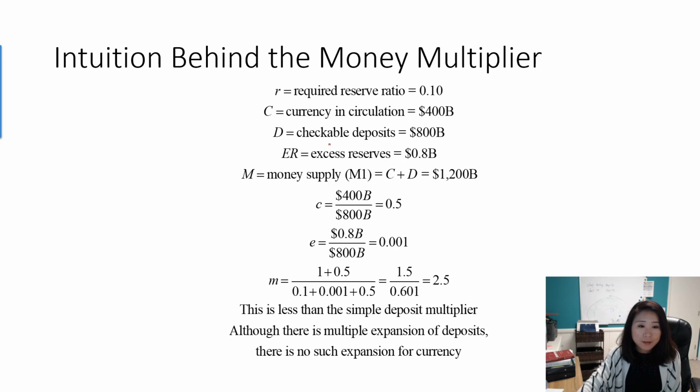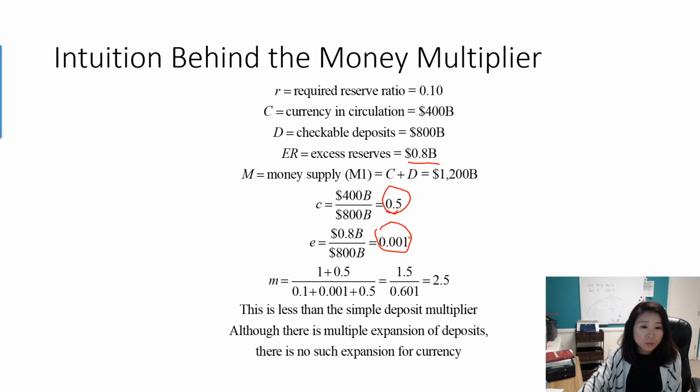C is equal to the currency in circulation, 400, divided by the checkable deposit, 800, so you get 0.5. And E is equal to the excessive reserve divided by deposit, so 0.8 divided by 800, you get 0.001.